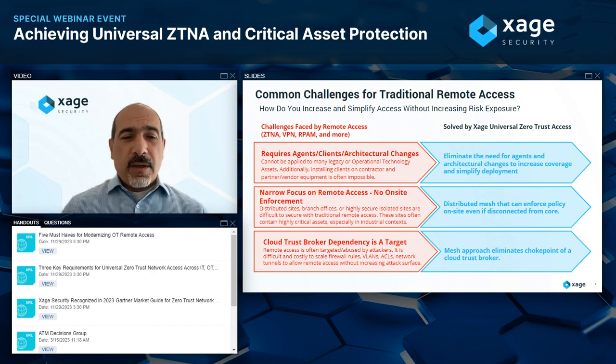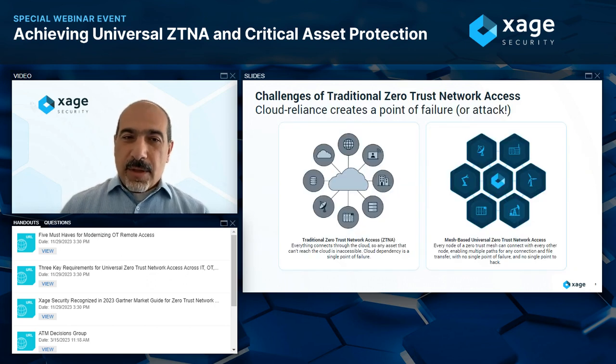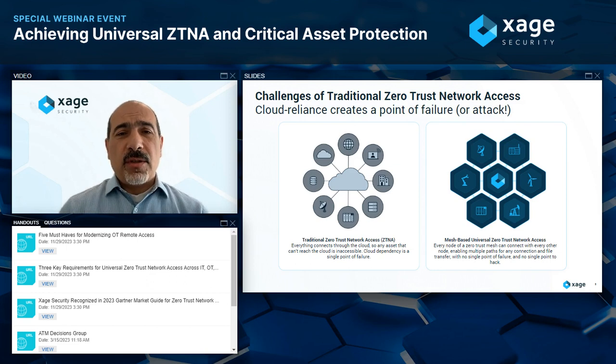The last point here is really around the reliance on cloud. Today's traditional zero trust network access architectures are all really centralized. They rely on cloud services or centralized services in a hub and spoke fashion. This often leads to complexity and vulnerability as well. Many assets cannot be connected to a cloud system.